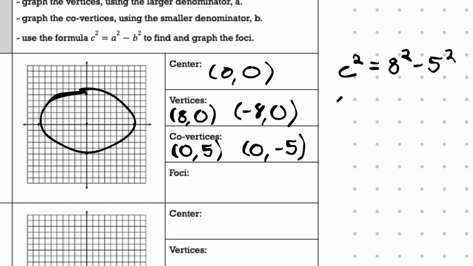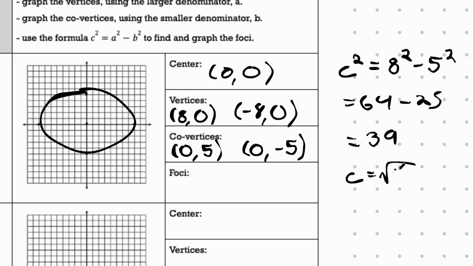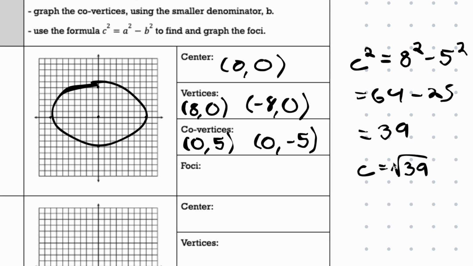So this is going to be equal to 64 minus 25, which is going to be equal to 39. So c is going to equal the square root of 39 if we take the square root of both sides. And here we can't simplify that.